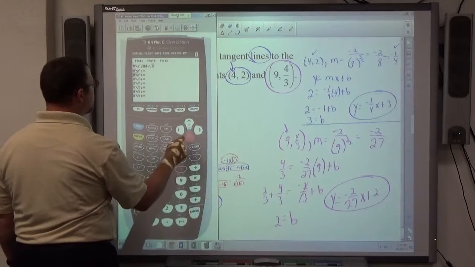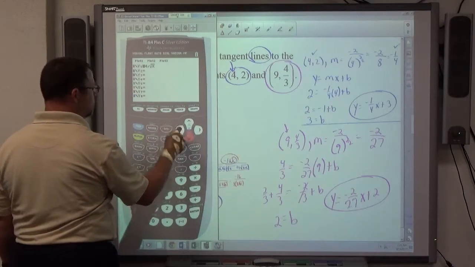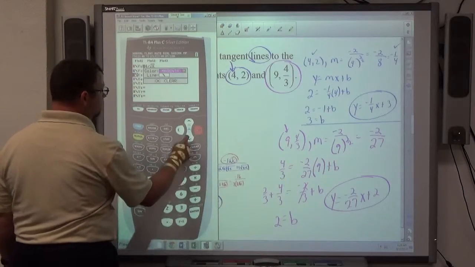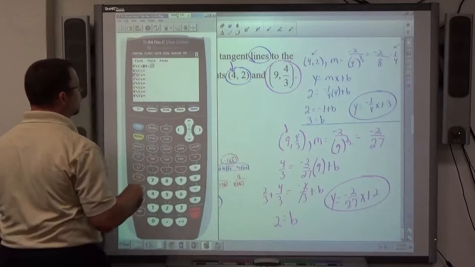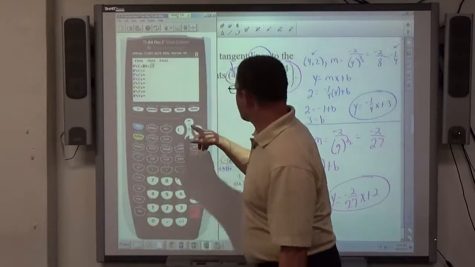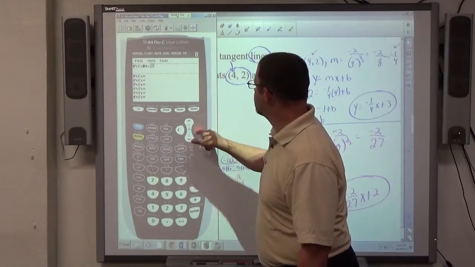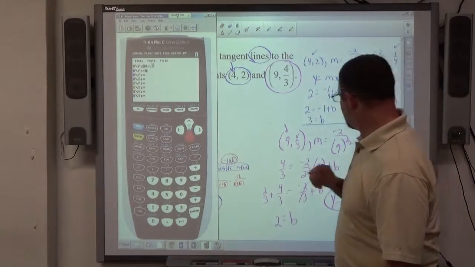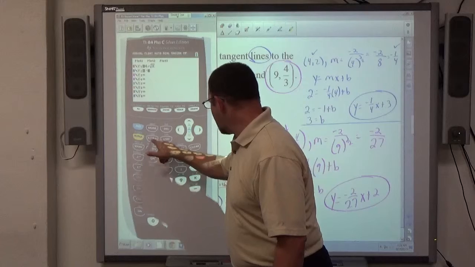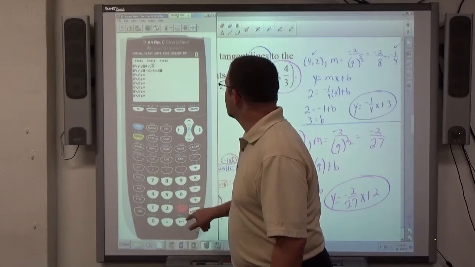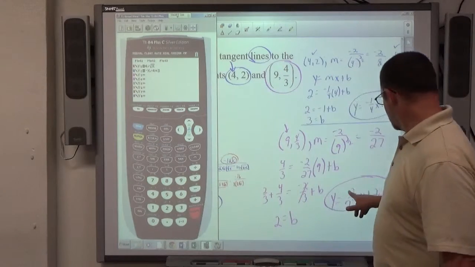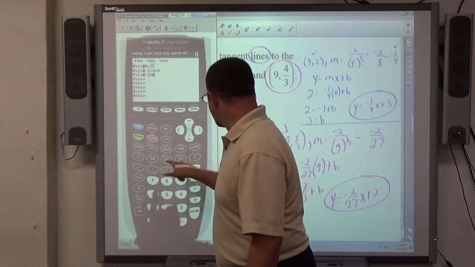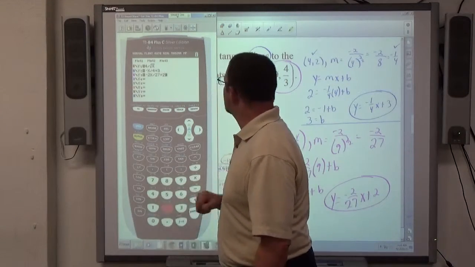And we'll make this one magenta, there we go. Matches our colors there. So 4 divided by the square root of x is the original problem. The first tangent line we got was negative 1/4 x plus 3, negative x over 4 plus 3. And the last one is negative 2/27 x plus 2, so negative 2x divided by 27 plus 2.